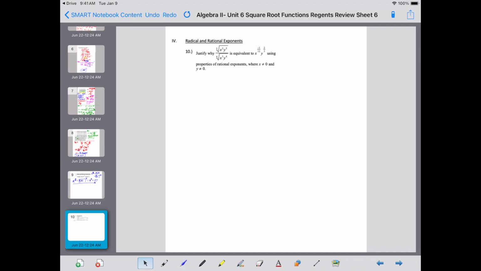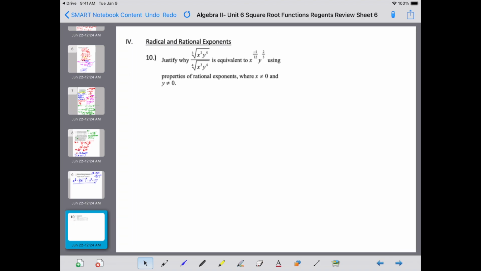And now we have this question here. Okay, I like that we have some rational exponent questions. Justify why this is equivalent to this using properties of rational exponents. So the third root is just the 1/3 power. The fourth root is the 1/4 power.